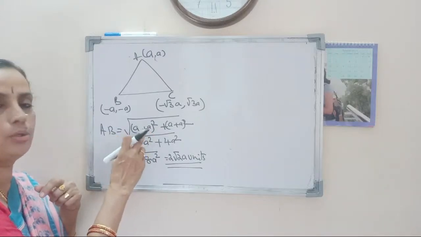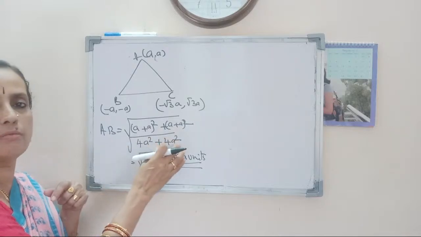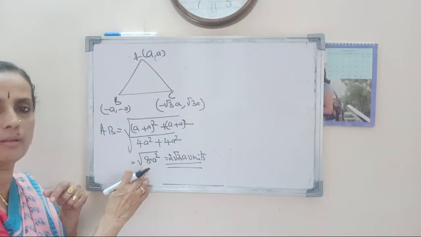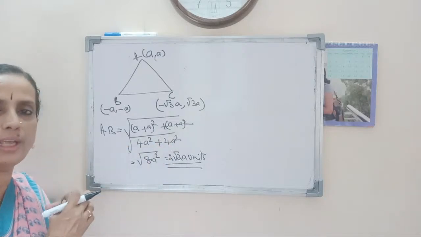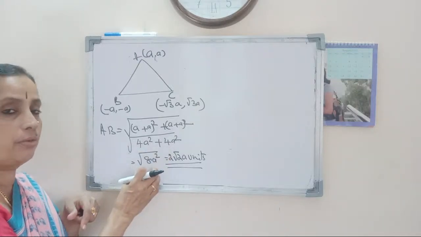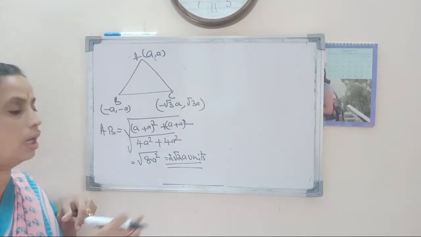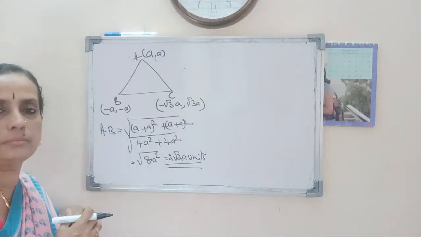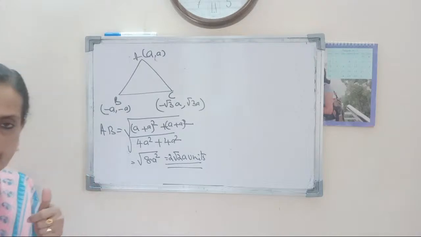You will get 8A square. You cannot take it as 2 plus 2, 4A. Under root 8A square, you can write root 8 as 2 root 2, and root A square is A. Is it clear? Yes.